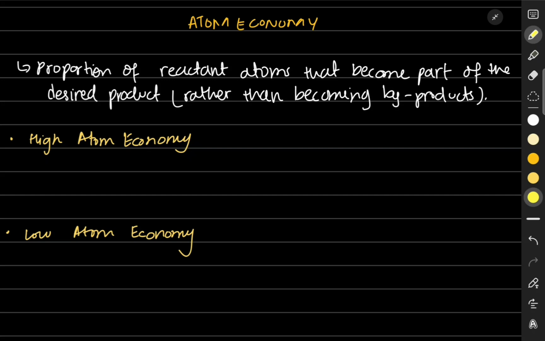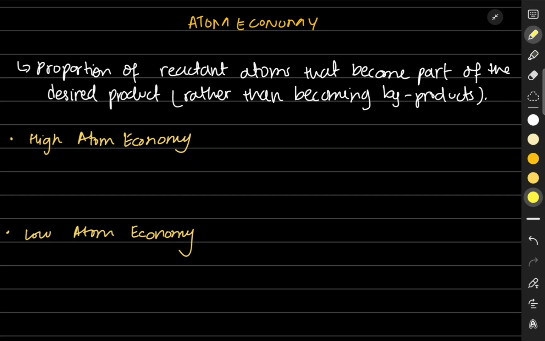Now you have two products, one of which is what you wanted and the other one is the byproduct. So some of your reactants, or some of your ingredients, are wasted in the byproduct, which is the cupcakes. You didn't want the cupcakes, you wanted the pound cake.